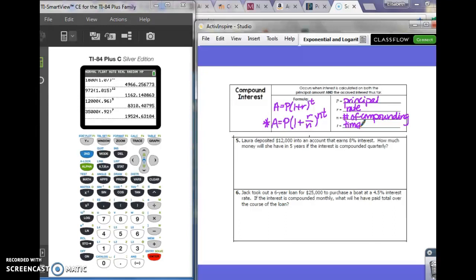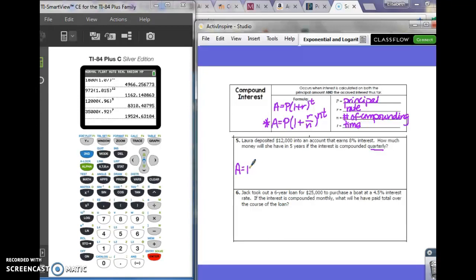So the first example, Laura deposited $12,000 into an account that earns 8% interest. How much money will she have in 5 years if the interest is compounded quarterly? So A is the amount in the account. That's what we're trying to determine.